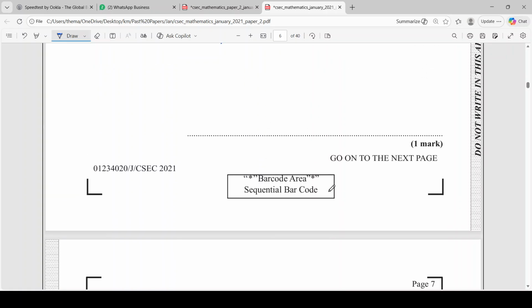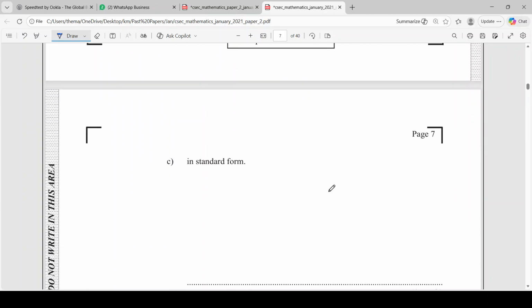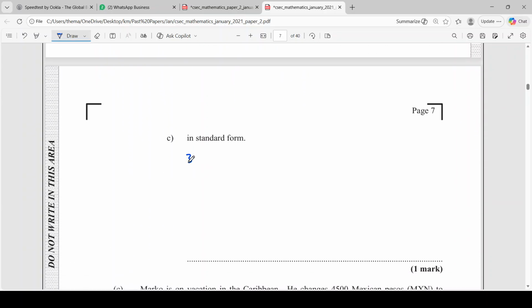And then they wanted standard form as well. We did this earlier as well, right? 363.75 in standard form. So standard form is a number between 1 and 10. So this number as it is, 363, is not between 1 and 10.